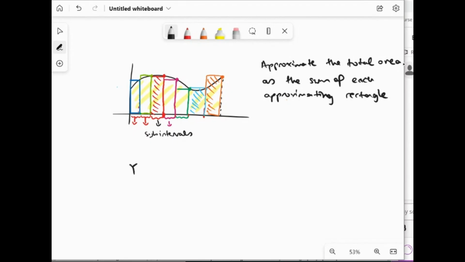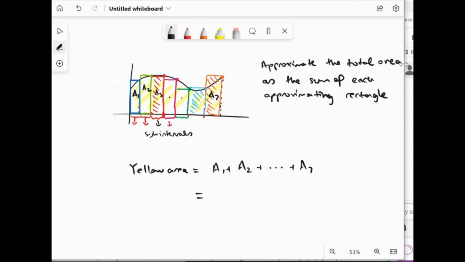So the yellow area will be area 1, area 2, area 3, 4, 5, 6, 7. So it's going to be the sum of these areas.